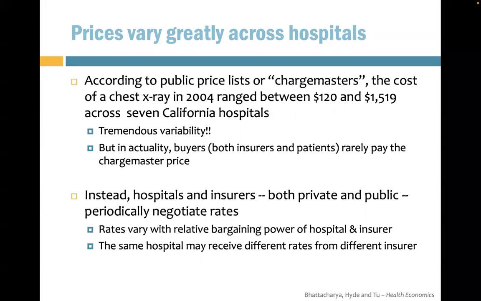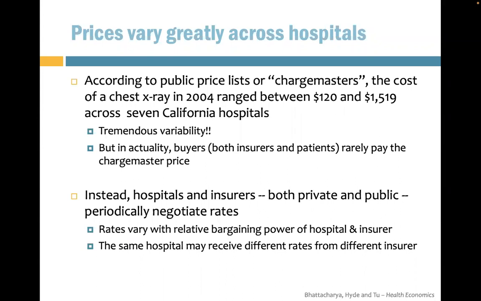So for example, according to public price lists or charge masters, the cost of a chest x-ray in 2004 ranged between 120 and 1,519 across 7 California hospitals. So if you ask, is there super fancy chest x-rays and super shoddy chest x-rays? The answer is probably not. So what makes up such huge price differences?